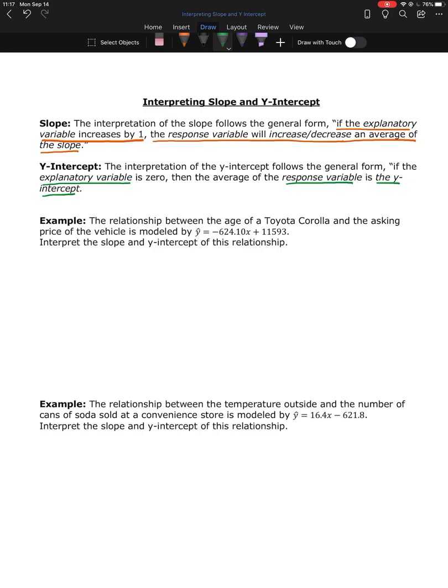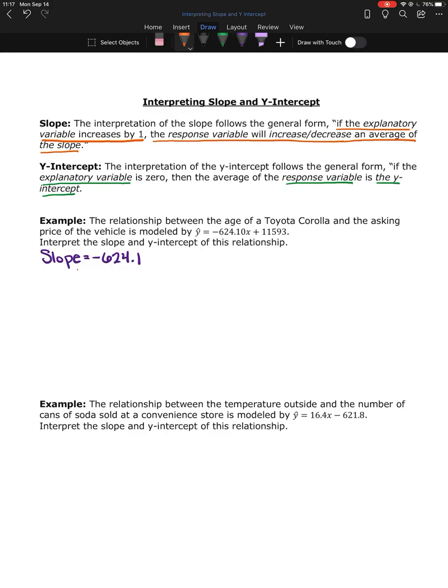Whew, that's a lot of numbers. So we're going to interpret the slope and the y-intercept of this relationship. I'm going to do the slope first. Remember, the slope is always the number next to the x. So in this case, that is negative 624.1.